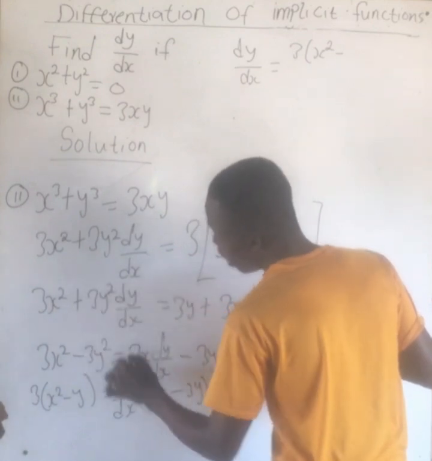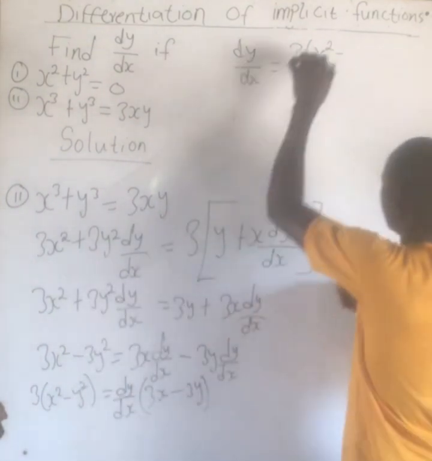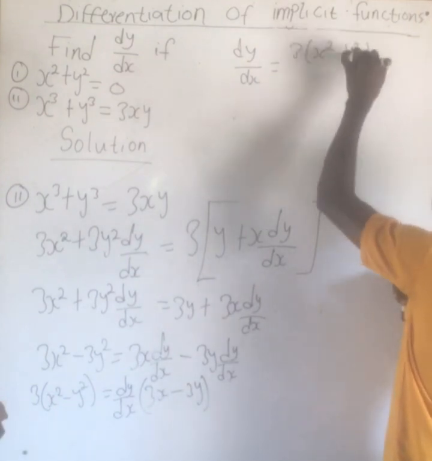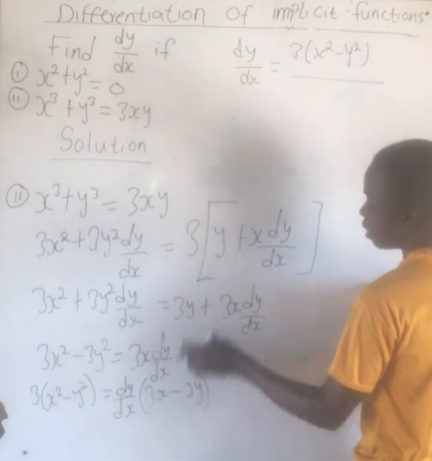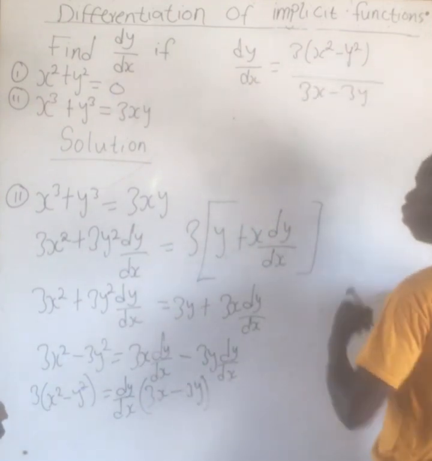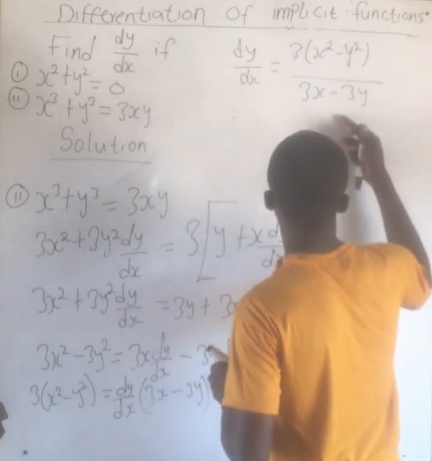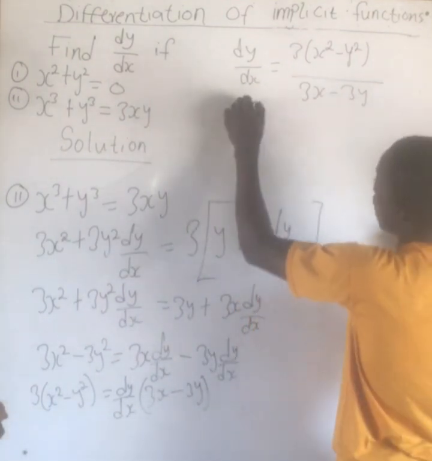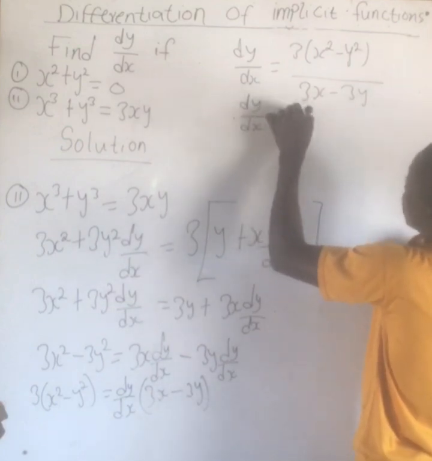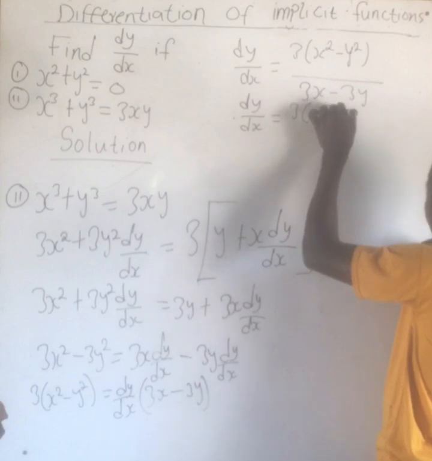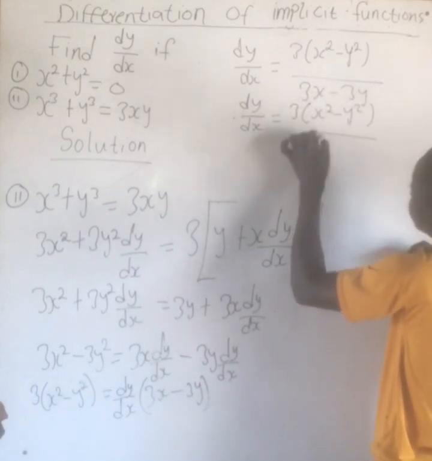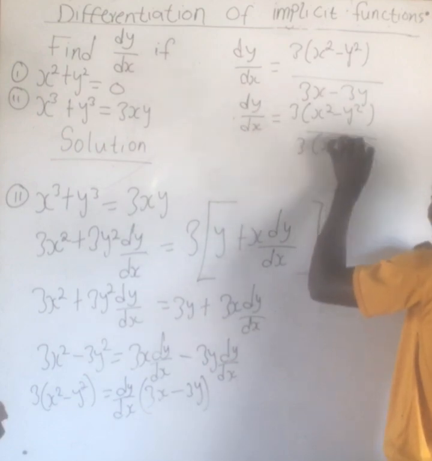I forgot that it was y squared. So y squared all over 3x minus 3y. Also here we can factorize 3 out, so we have dy over dx equal to 3 out, x squared minus y squared, all over 3 out, we have x minus y.